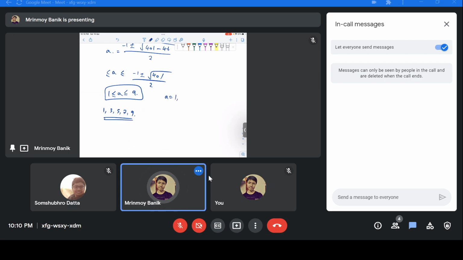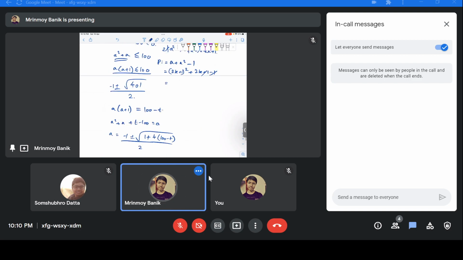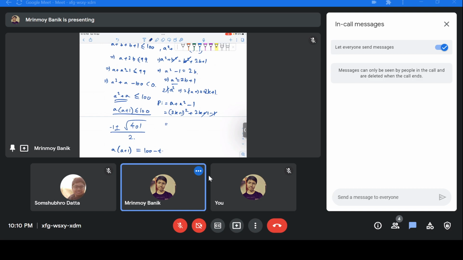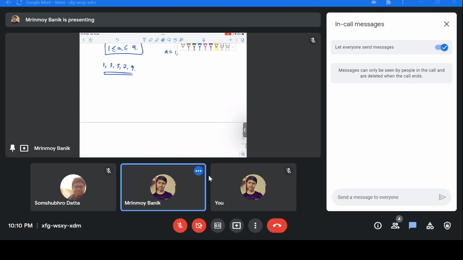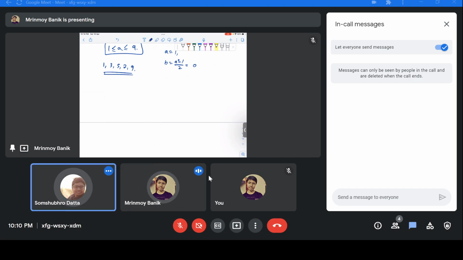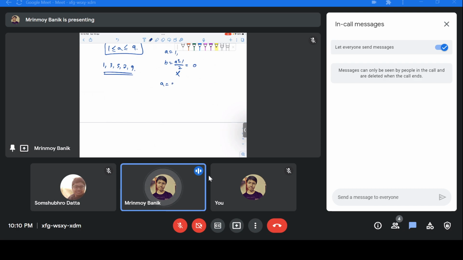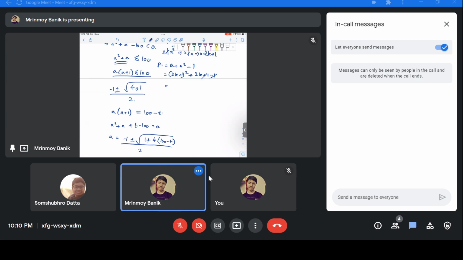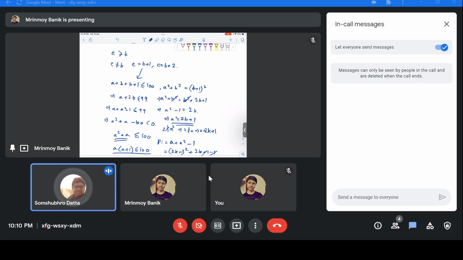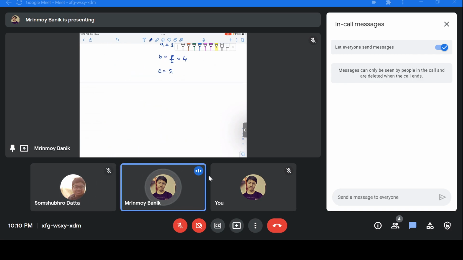So if a is 1, then b is a squared minus 1 by 2. So b can't be 0. No, this can't happen. If a is 3, then b is 8 by 2, that is 4, and c is b plus 1, so 5.